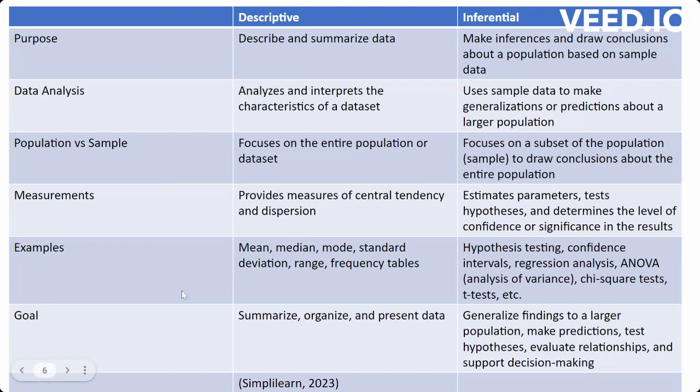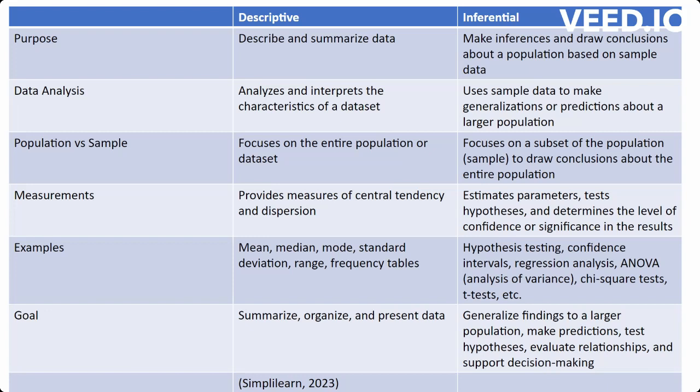Examples of descriptive statistics are the mean, median, mode, standard deviation, range, and frequency tables. This was discussed in the previous session. Today, though we are not going into details, we are going to simply assess what tests are involved under inferential, which involves hypothesis testing. Regression analysis, we won't do that, but I've just given it as an example of an inferential statistic.